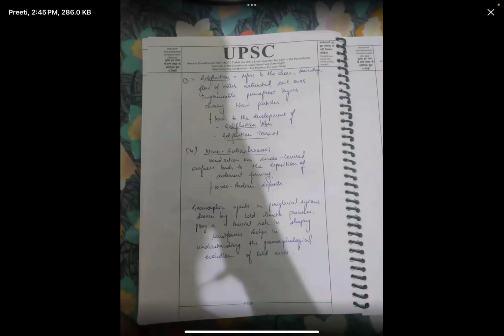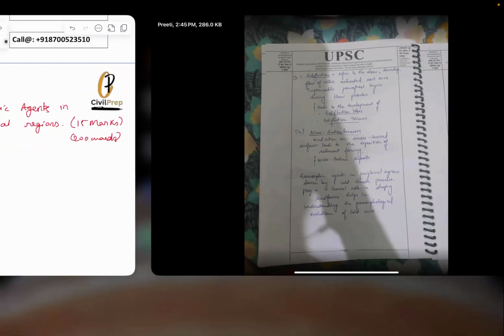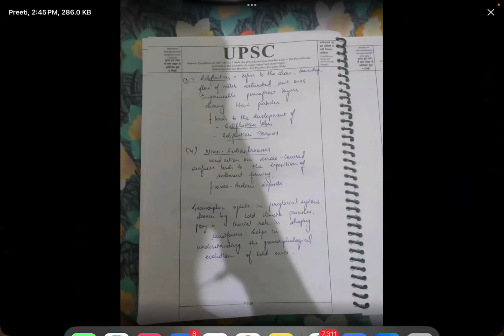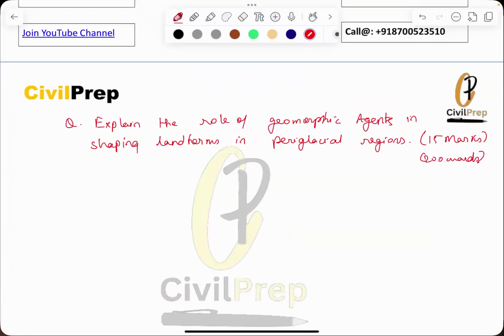Gelifluction, slow downslope movement. Very good. Nivation processes. Very good. Geomorphic agents. So the answer written here, Priti, is very good.